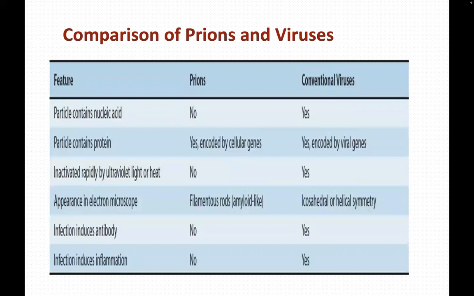Similarly, with a prion infecting a human or an animal, there will not be induction of inflammation because there is no immune response being mounted. But in the case of viruses, inflammation is mounted because of the presence of the foreign virus in the body.